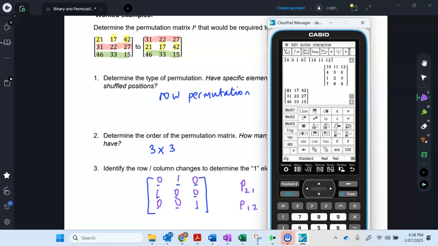All right, so row permutations go first. So we've got 0, 1, 0, 1, 0, 0, and then 0, 0, 1. All right, and just checking, and we got the right answer.